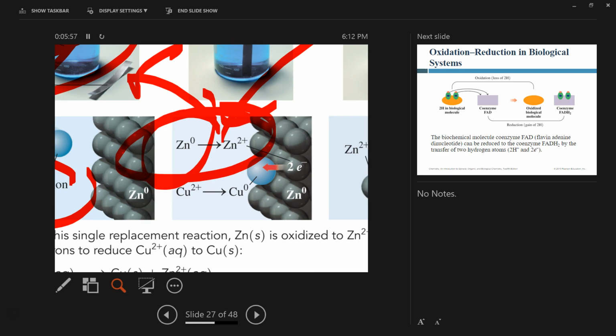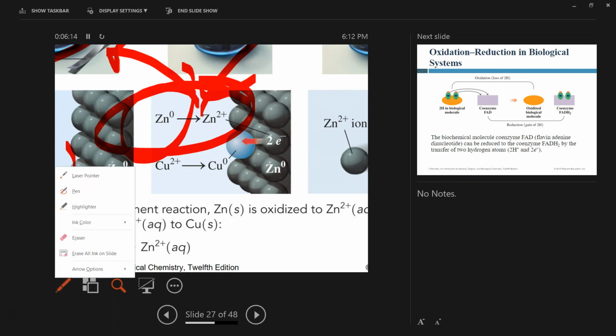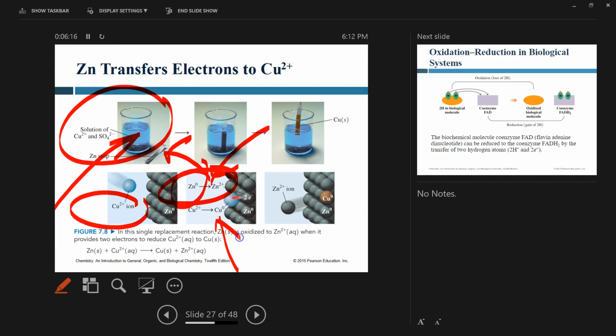And in the reaction under it, copper will gain electrons. When copper gains 2 electrons, it goes from the positively charged ion, copper 2+, to a neutral copper, the metallic copper. Does that make sense? Simultaneously, an atom of zinc that lost 2 electrons becomes a cation in the solution.